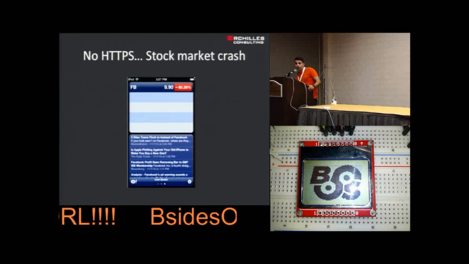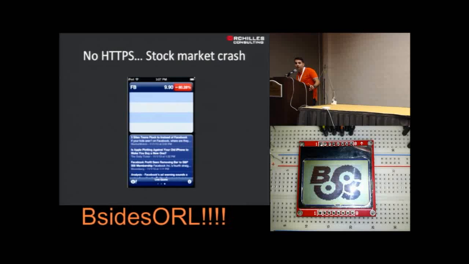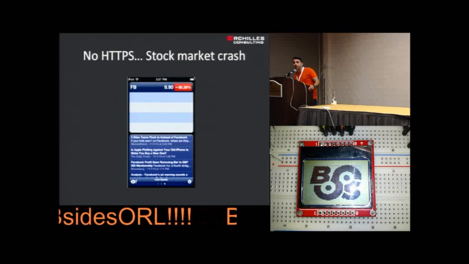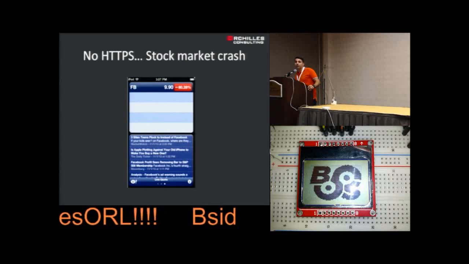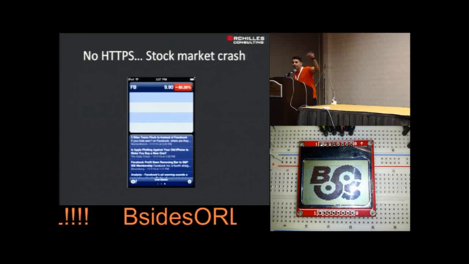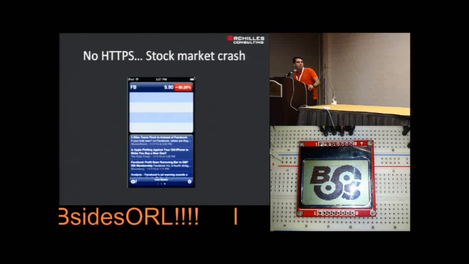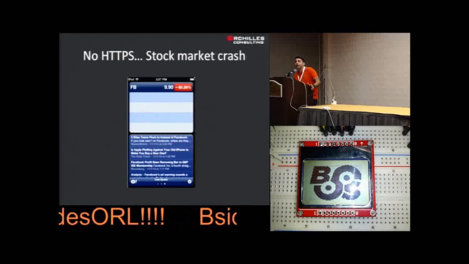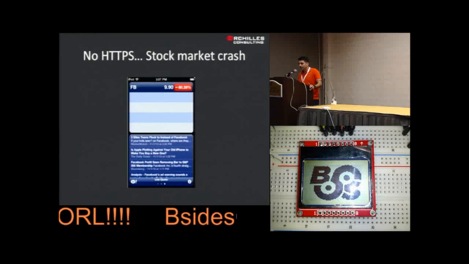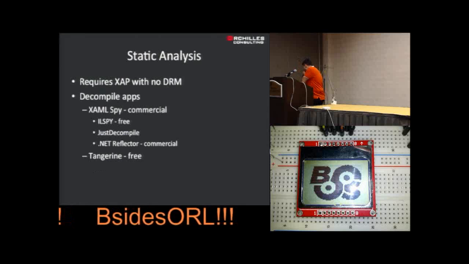You're looking at your iPhone, it's telling you this, but that's not true. It's because it's using HTTP instead of HTTPS, and you connected to a Wi-Fi network, or you're going through some network, because there are a lot of data centers you're going through that can see your traffic and modify it on the way back, because it's HTTP, it's clear text. So local storage, let's look at that one real quick.